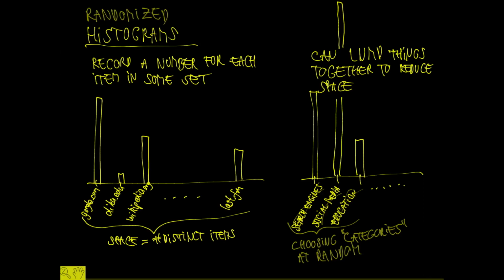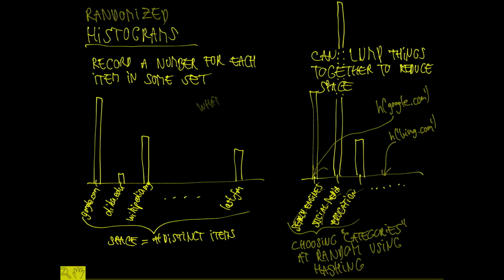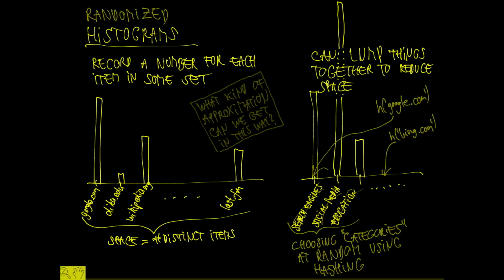So instead of semantic categories as in the example, we are going to use hashing to put counts in different columns. This means, of course, that any semantic meaning is broken. So google.com might end up in a different column than bing.com. But we can ask what kind of approximation we can get using these kinds of randomized histograms.